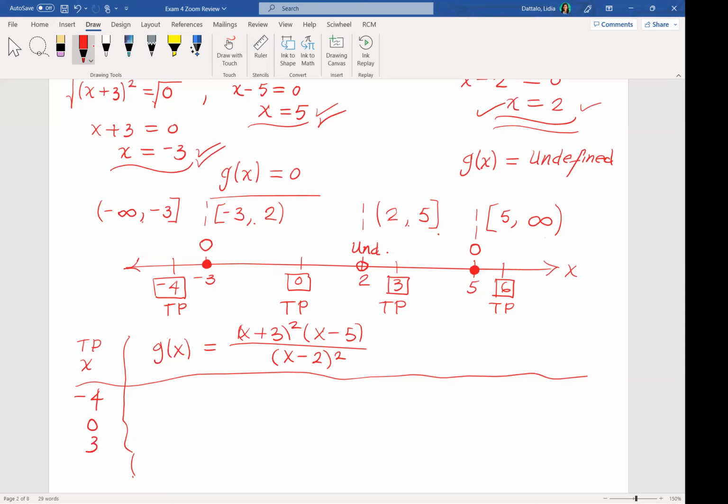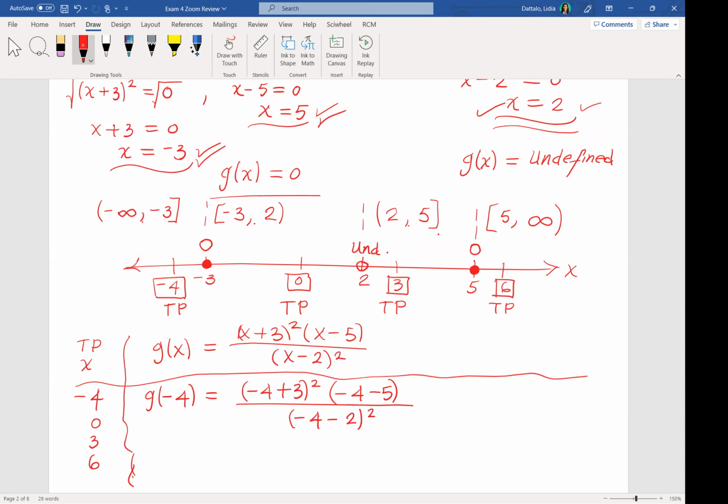0, 3, -4, 0, 3, and 6. And I'm just substituting these values in. -4 plus 3 squared, -4 minus 5, everything over -4 minus 2 squared.